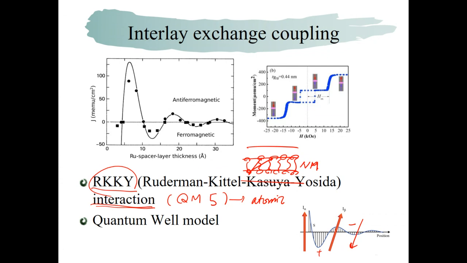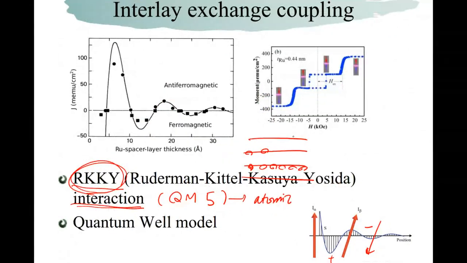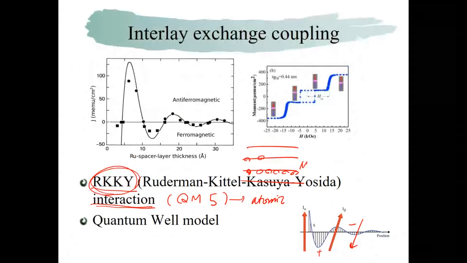So as a result of this RKKY interaction, even though the two ferromagnetic layers are separated by a non-magnetic layer, eventually there is some coupling between this ferromagnetic layer and this ferromagnetic layer.